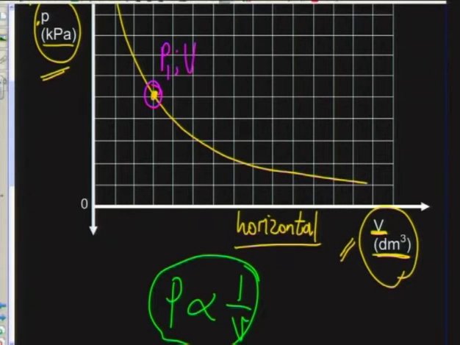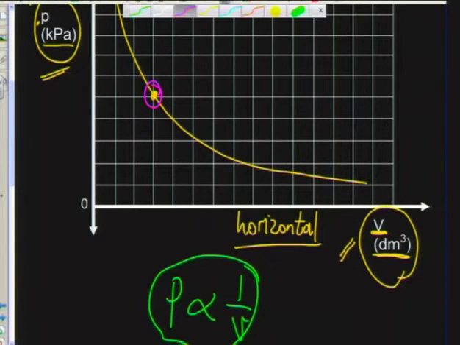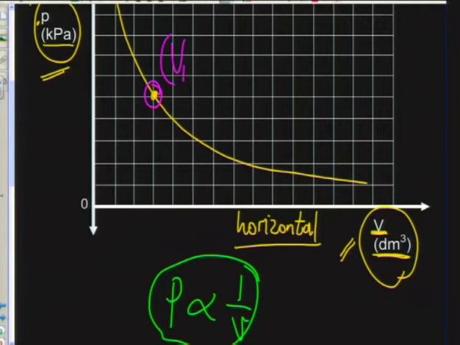But I want to write this differently, because when you write coordinates, you start with the horizontal one and then end up with the vertical one. So the coordinates that I have are V1 and P1.